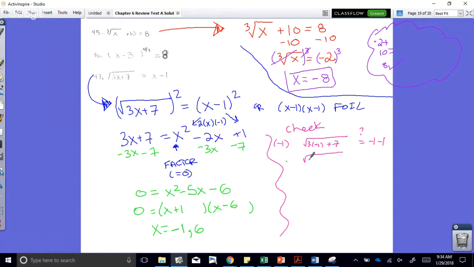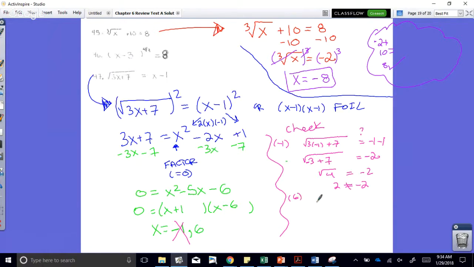So that is the square root of -3 plus 7. Does that equal -2? We have the square root of 4, which is positive 2. Positive 2 does not equal -2, so we are not going to circle.